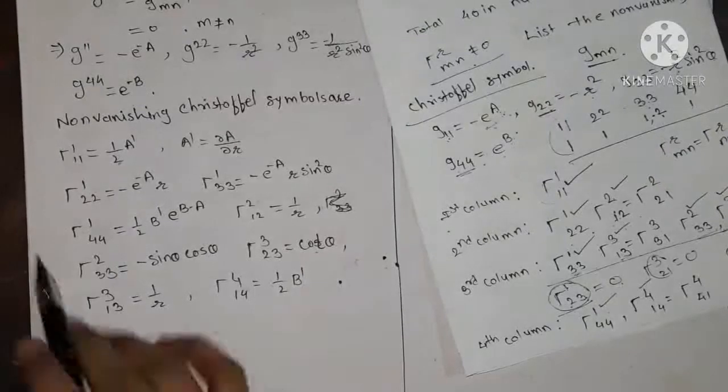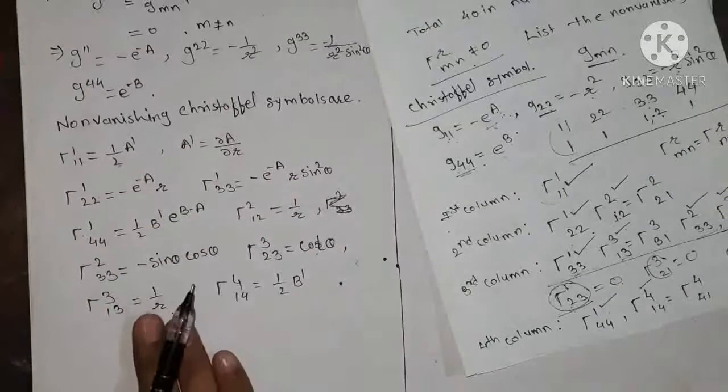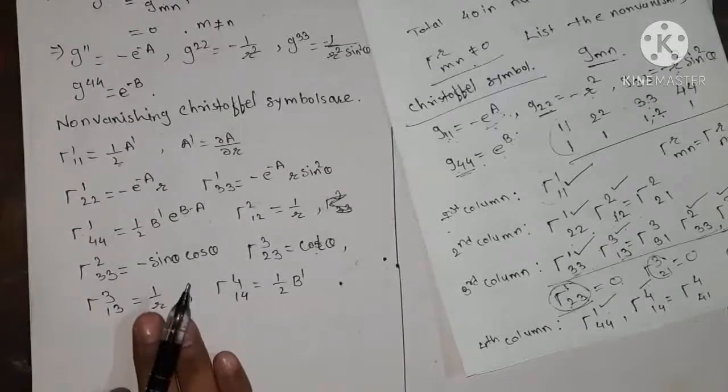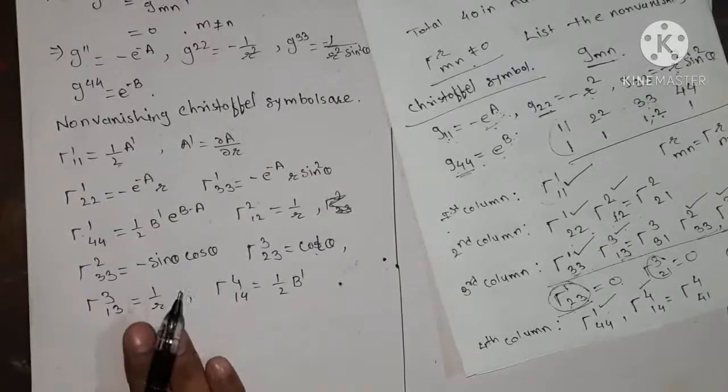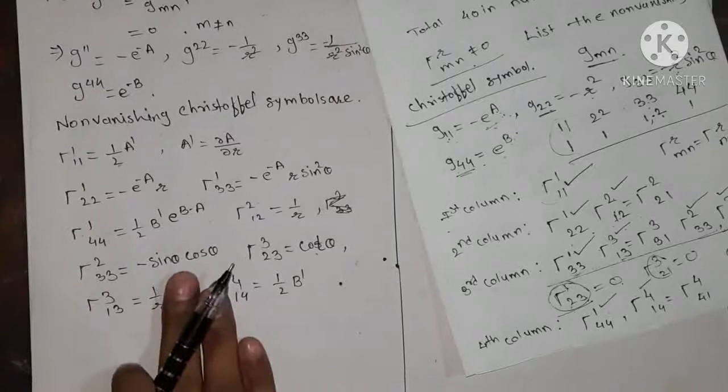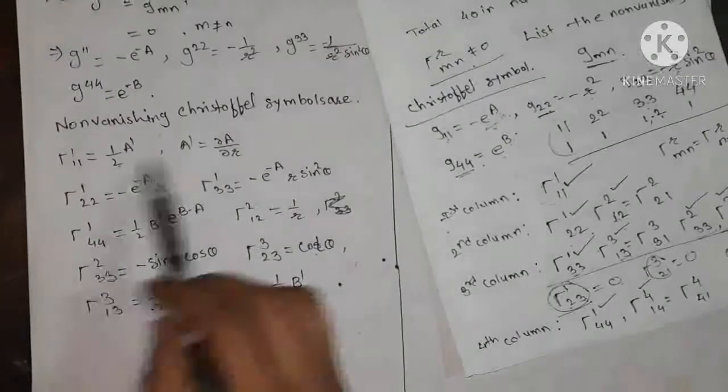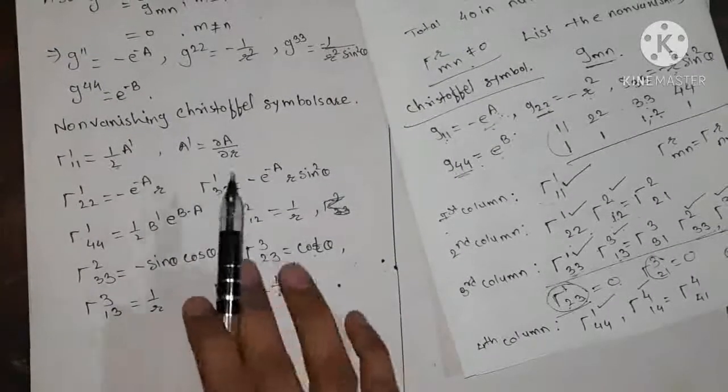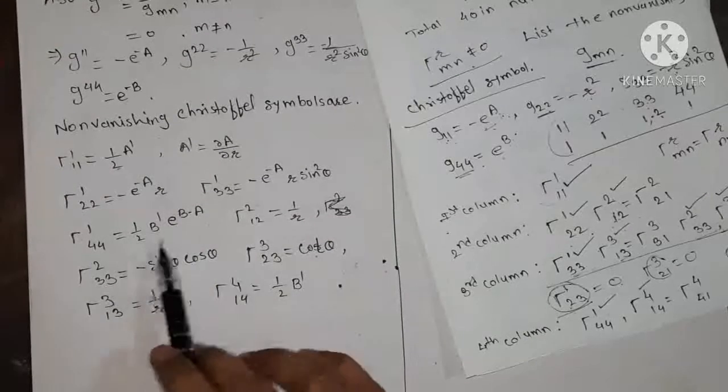So we have only these 9 symbols as non-vanishing Christoffel symbols here for our line element in equation 1, and from these you have to solve and verify whether all are right or not. So solve by yourself.